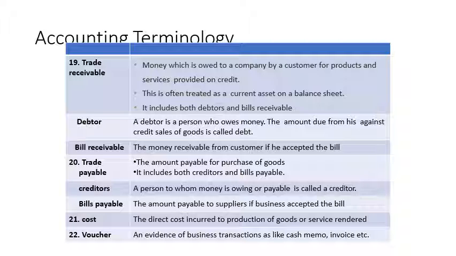Creditors means the persons to whom the business is liable to pay the money if goods are purchased on credit. Bills payable refers to the money payable to the supplier if the business accepts the bill. And net cost of production means the direct cost incurred in manufacturing the goods, and a voucher means evidence of the business transactions.